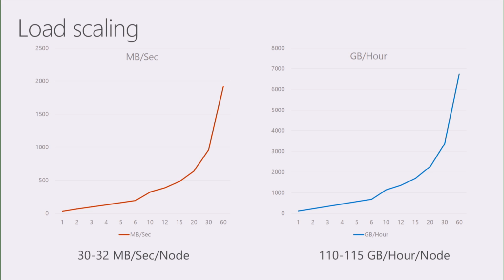Now, in terms of load scaling, this is logarithmic, so that's why it looks like a curve. But I wanted to give you an idea of roughly what speeds you would expect to see at what node level. You can think of nodes as sort of DWU divided by 100, right? So you can see that as we increase our scaling capability, you should expect to be able to hit some of these kinds of numbers with your data loads.